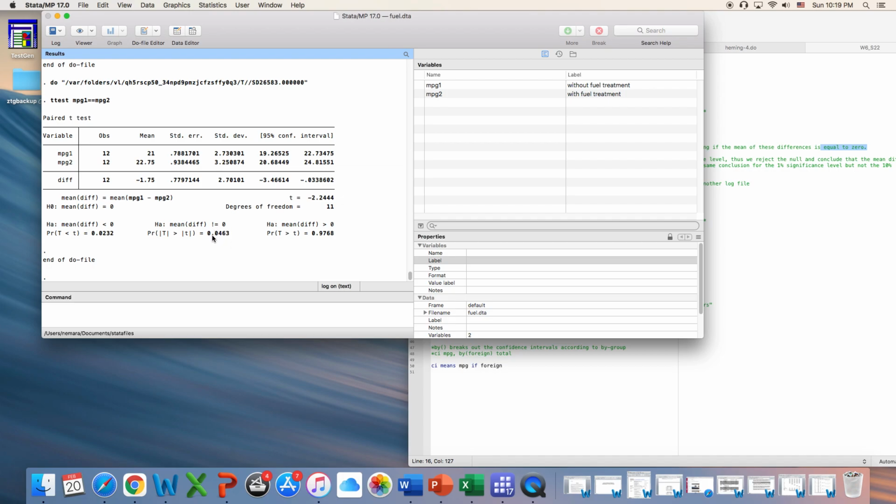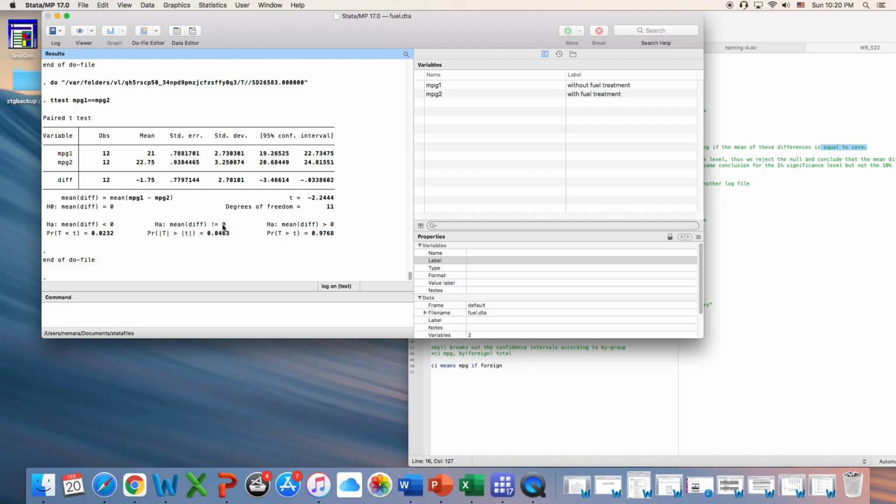It's telling me there is a small probability that the null is true. In other words, you reject the null because the p-value is small, and you accept the alternative that there is a statistically significant difference between the mean of MPG1 and MPG2. In other words, the mean difference is statistically significantly different from 0.